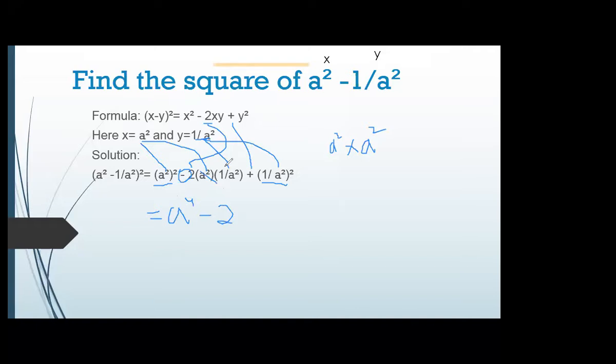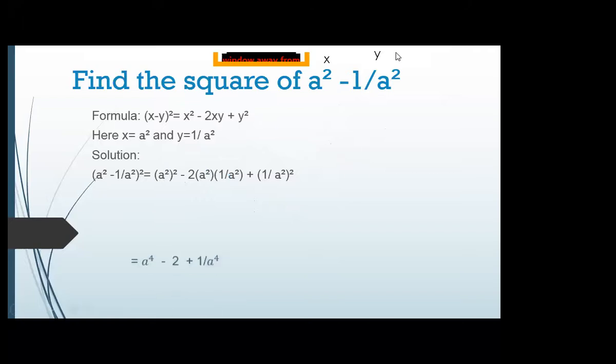A square and a square are going to be cancelled. We get plus 1 into 1 is 1 over a raised to the power 4. That's it. Is everything clear?